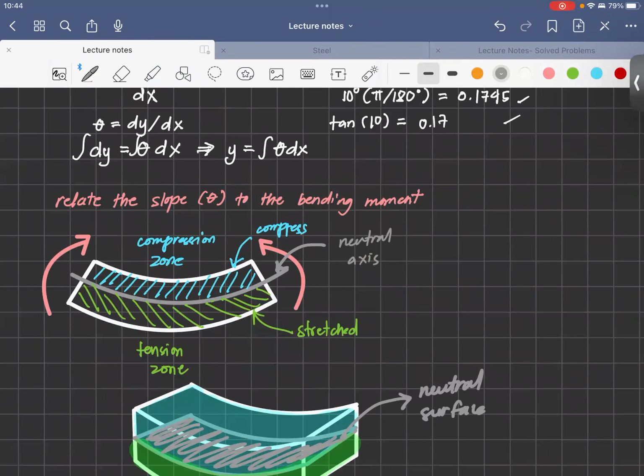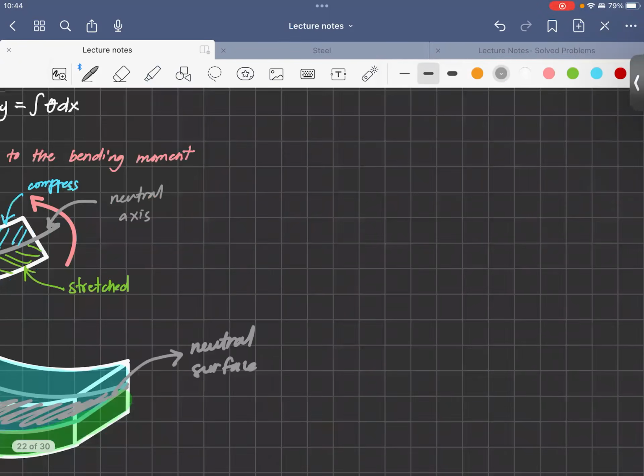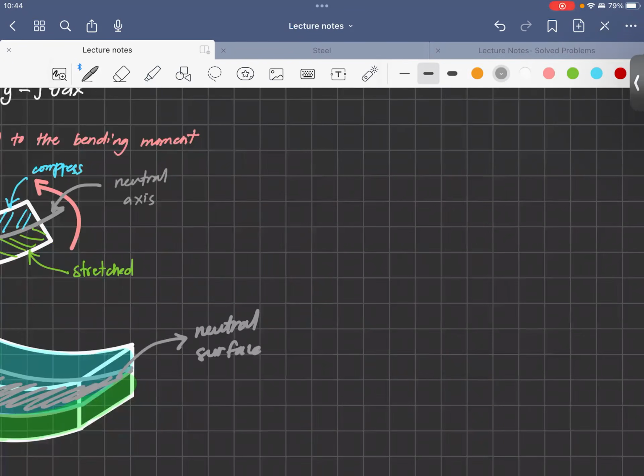Having said that, why is this important? We need to establish a mathematical relationship between the slope of the elastic curve and the geometry of the deformed shape. If we already know this principle, we are going to correlate the relationship between the slope of the elastic curve and the geometry of the deformed beam.